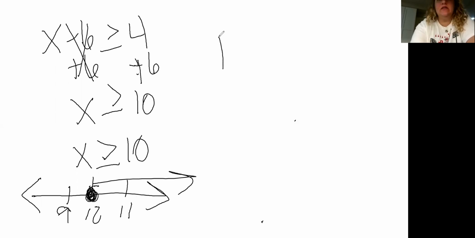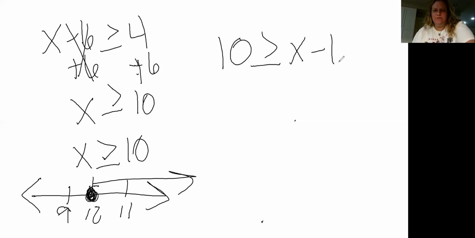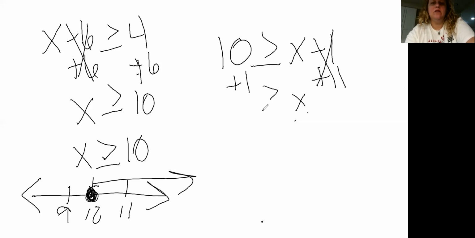Now, number 3 looks a little different, but it isn't really. Your variable is on the right side, so we're still going to get rid of this the same way. The only thing different, like I mentioned yesterday, is that because your variable's on the right, you have to move it to the left in order to graph according to the direction of the sign.